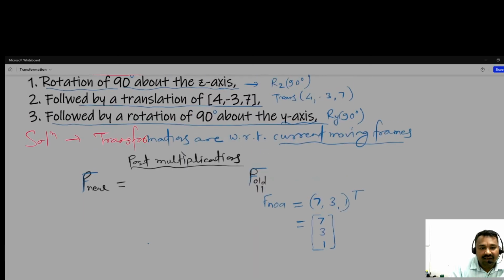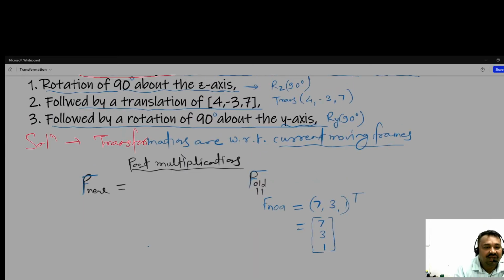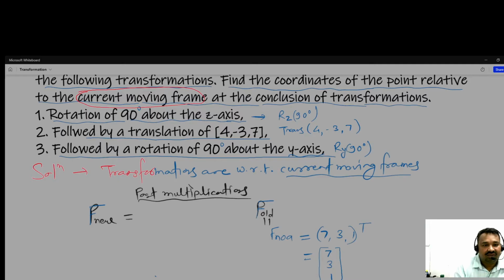Coming back, what is the meaning of post multiplications? F new is equal to F old, then the post multiplication of what? Here I am writing the first transformation, then post multiply the second transformation, then post multiply the third transformation, and then post multiply the given point, the given coordinates.